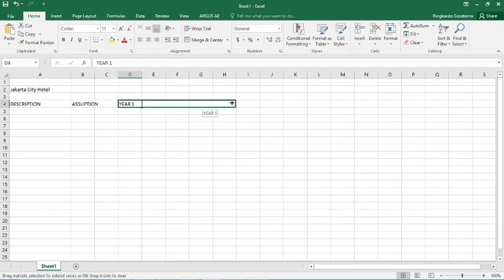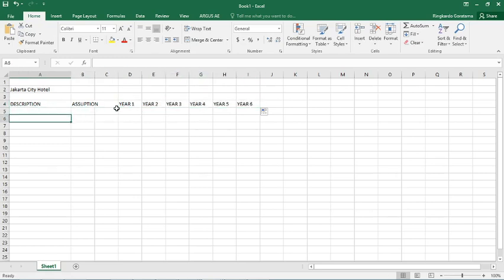Let's say we just use 6 years. First, we need to calculate the revenue. I calculate the number of rooms and number of days, and we will know the room nights available.